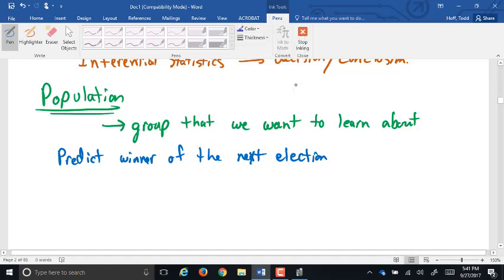What group is it that I want to learn about? And that's where most people go: the president, the candidates, the winner, you know, that's it. The candidates themselves don't determine who wins.